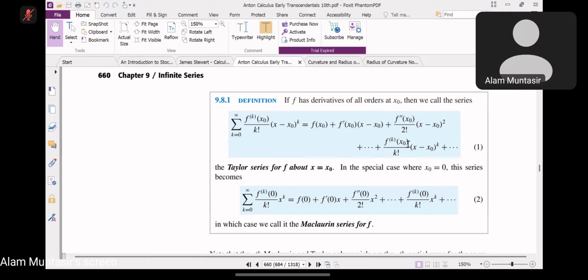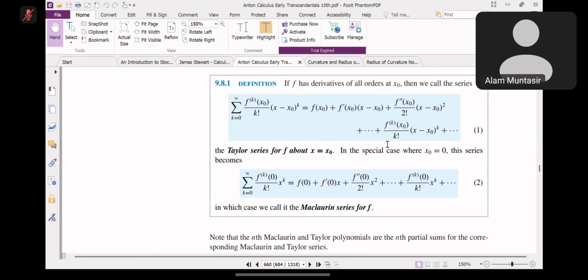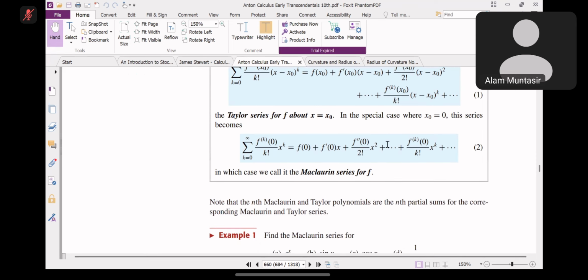If you know the Taylor series expansion, then you can replace the x naught by 0 to get its equivalent Maclaurin series. Maclaurin series is a special case of Taylor series when the center is 0. That means when x naught is 0, then Maclaurin series is the special form of Taylor series.